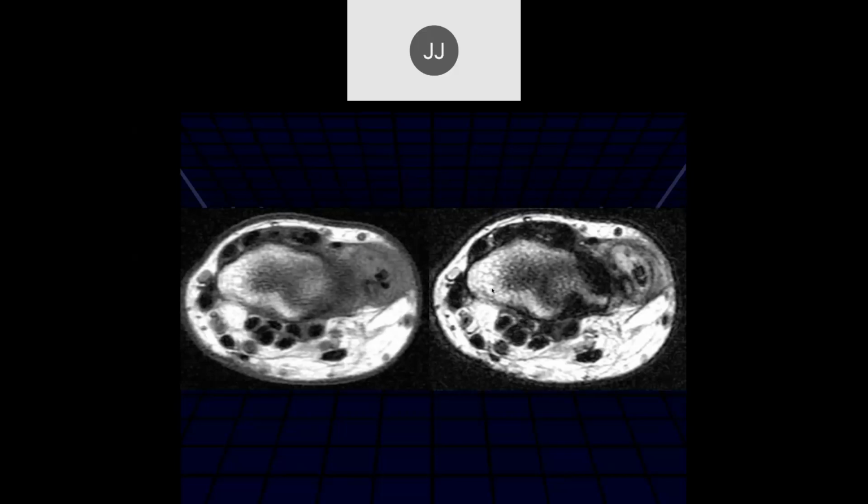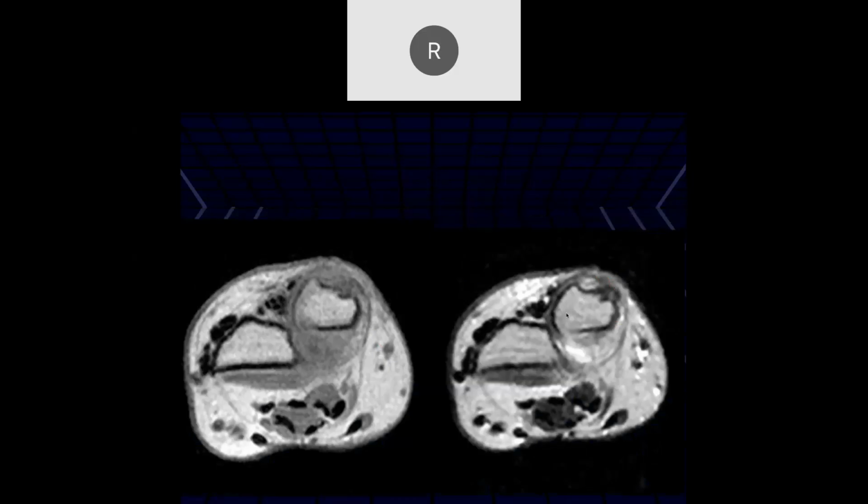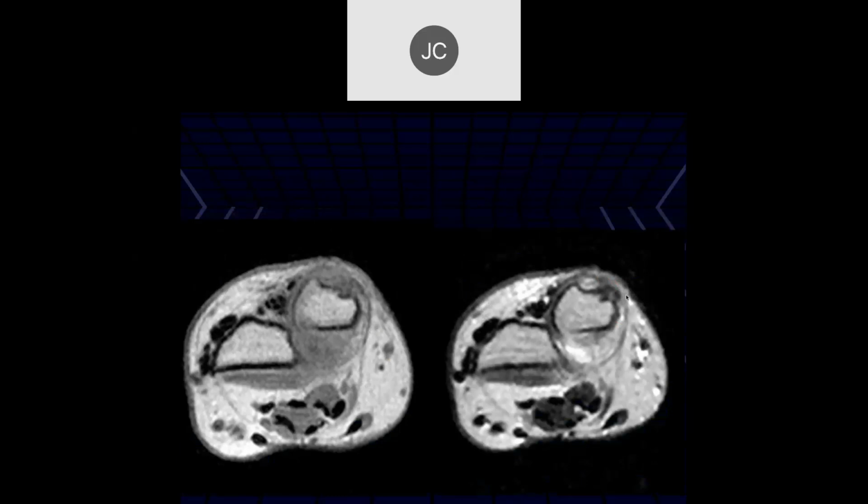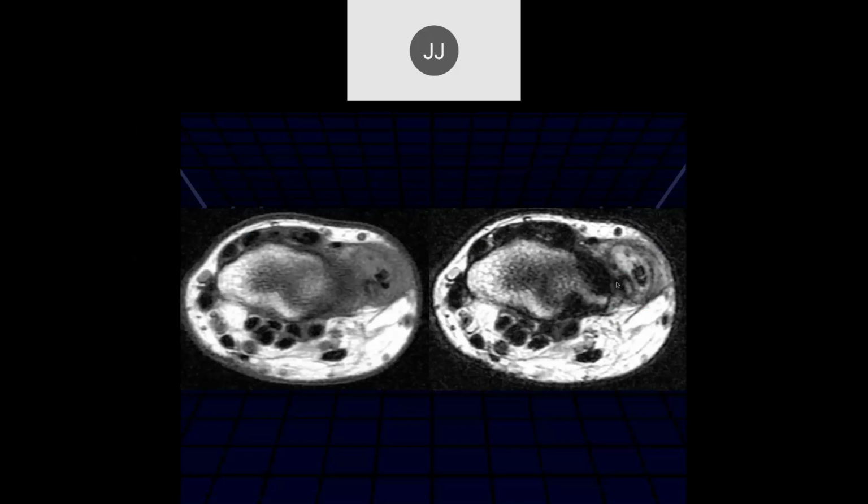Okay. Robert. All right, so here, looking at the ECU, it looks like there's some increased signal there, but there's a lot of surrounding synovial thickening and soft tissue edema. Yeah. Looks like synovial tissue, John.